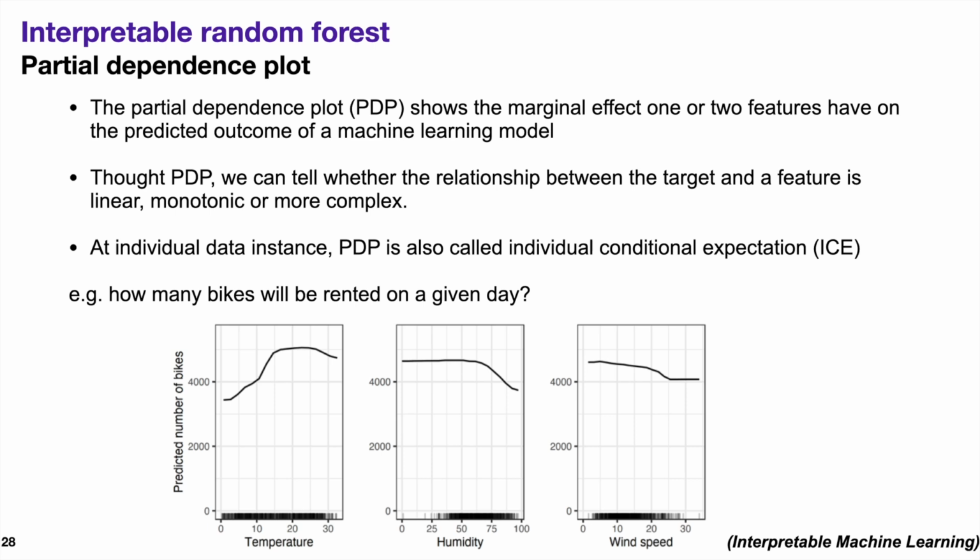For temperature in particular, we can see such a relationship is neither linear nor monotonic. It will be difficult for us to use a linear model to describe such a relationship. And this actually highlights the advantage of machine learning models.